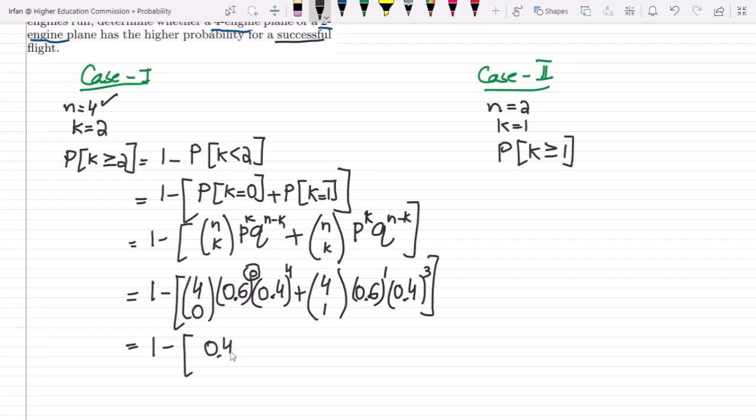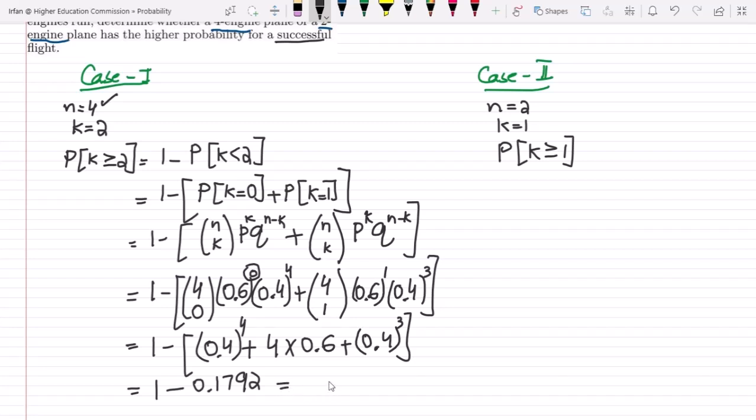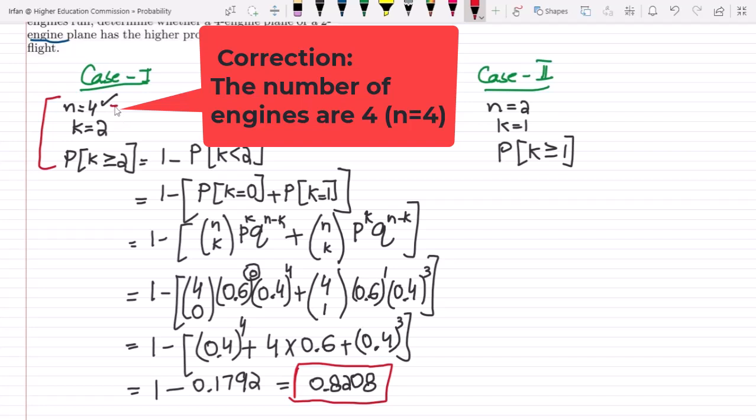So we have 0.4 raised to power 4, plus 4 choose 1, which is 4, multiplied by 0.6 and 0.4 cubed. Solving it, I get 1 minus 0.1792, which ultimately gives me 0.8208.